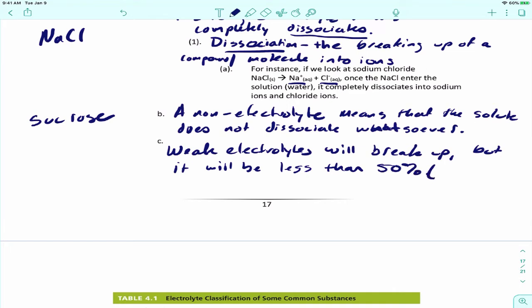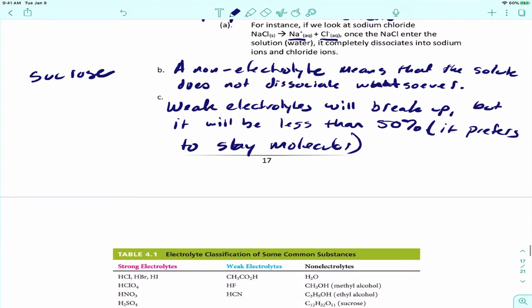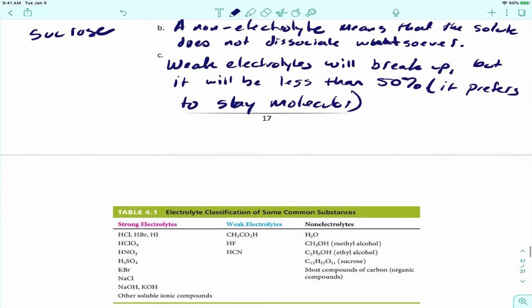That means that it prefers to stay molecular. It prefers to stay intact as a molecule as preferred to be ions. So those are our three categories: a strong electrolyte, a weak electrolyte, and a non-electrolyte.